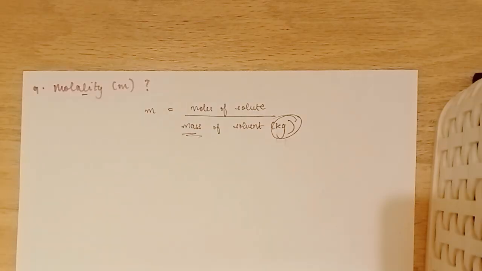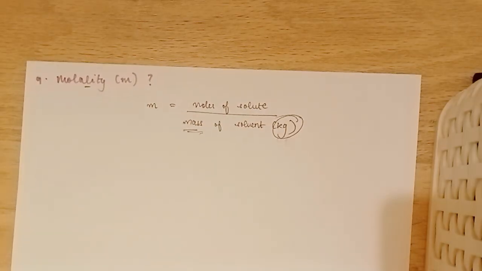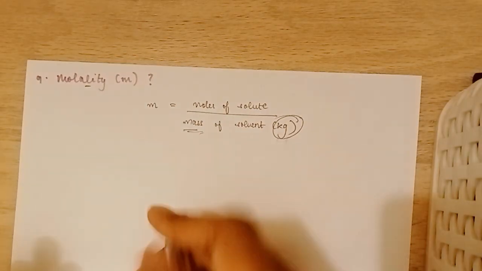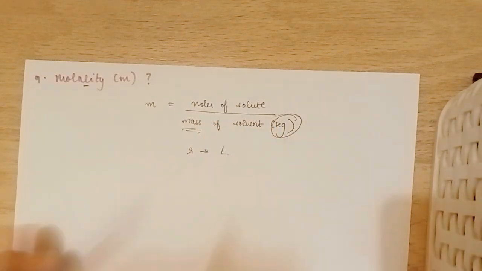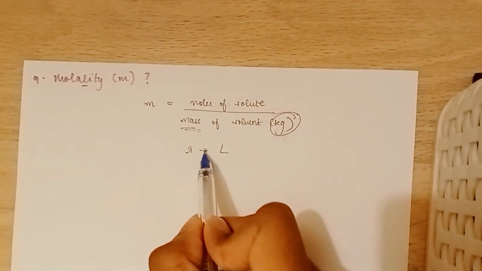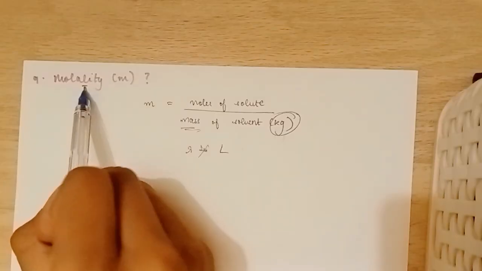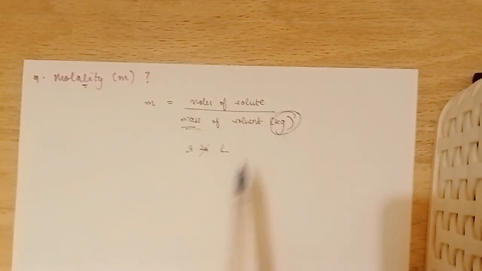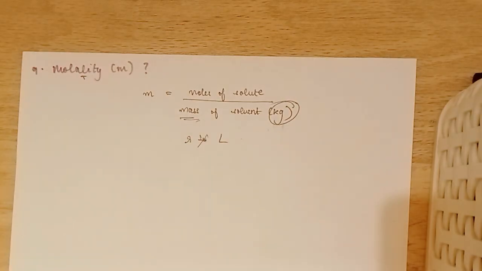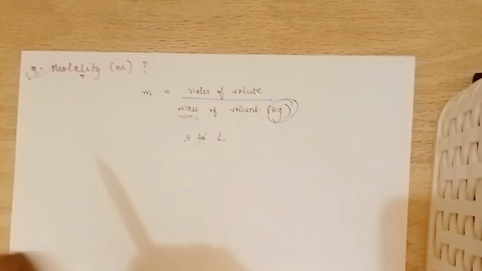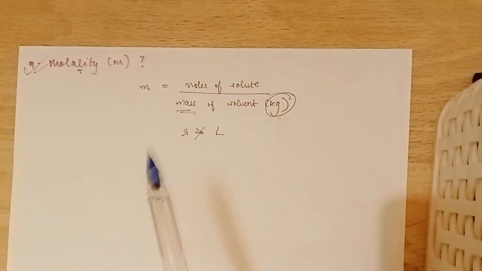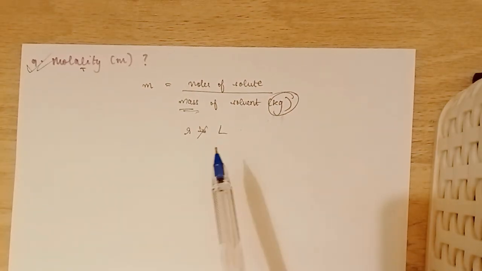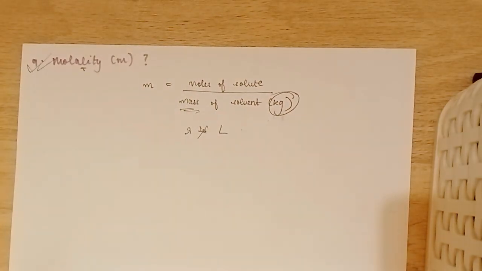This is a trick to understand the difference between molarity and molality. Whenever R comes, it is liter. L is for kg, R is for liter. This is what you need to remember, so it will be easy for you to distinguish. Again, molality, mole fraction and molarity are very important for these questions.